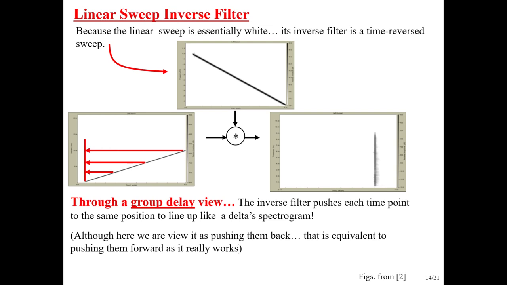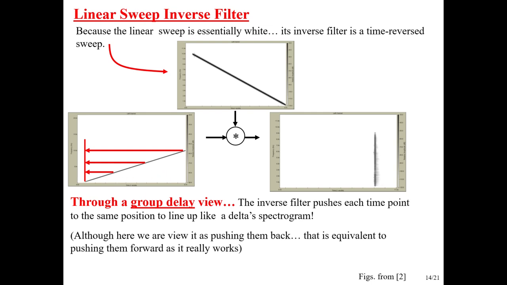You can actually analyze this out. I did it once in a longer version of this note set, but I abandoned it because it was kind of long and convoluted, so to speak. But basically, we can think about the group delay delaying each frequency a different amount. And it's actually delaying it this way, right?